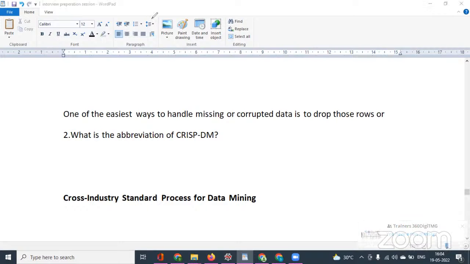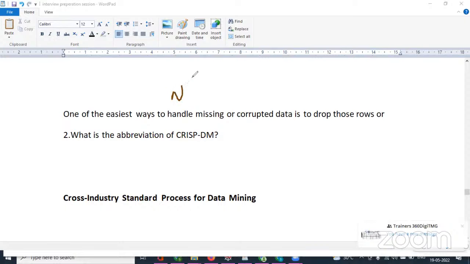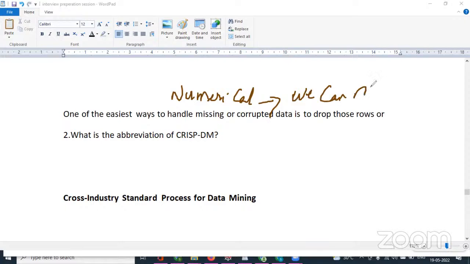Let me explain it clearly. When we have missing numerical values, we can do mean imputation. There are other imputation techniques also, but it depends on the data frame and what kind of data you have.